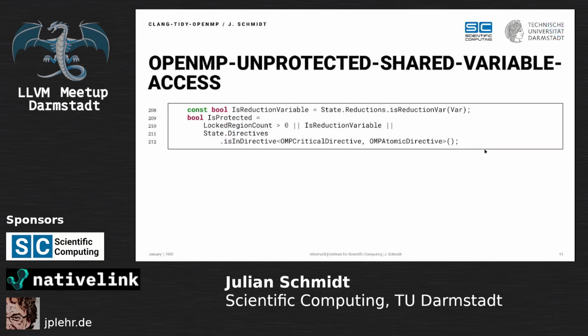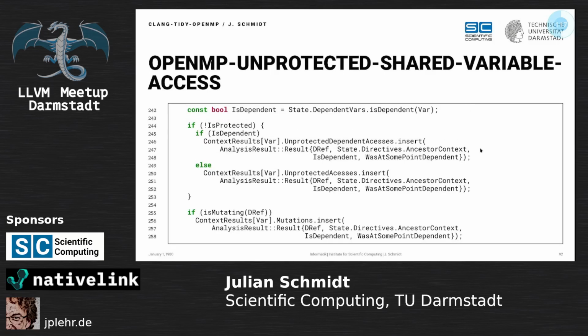Also checking if it's a reduction variable: if it's a reduction variable, it's considered protected, and this protective condition is the condition we are checking right now. But there are a lot more checks to be done or behavior to be changed there. So that's also a little bit hand-wavy, the is-protected condition.